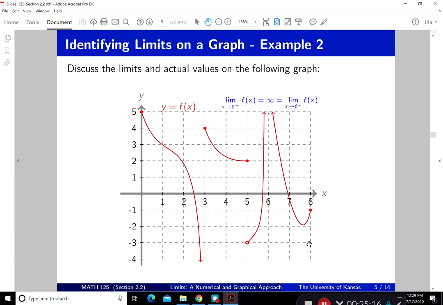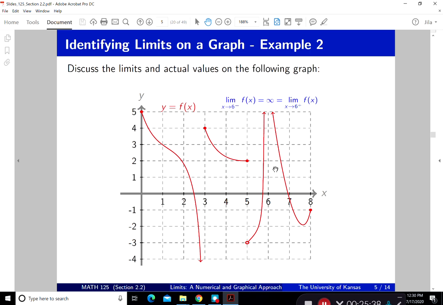And so what about at x equal to 6? On both sides the limits go to infinity, and incidentally here we don't have a value for the function at x equal to 6.